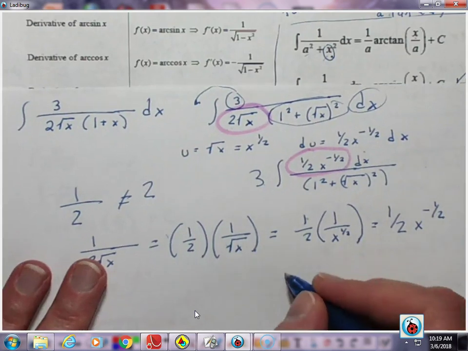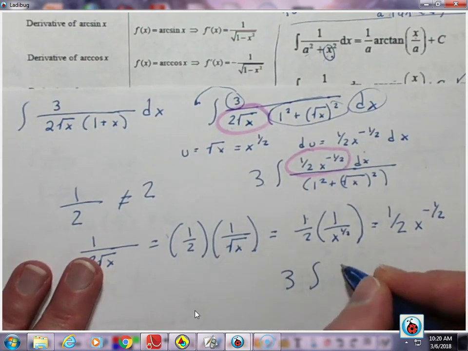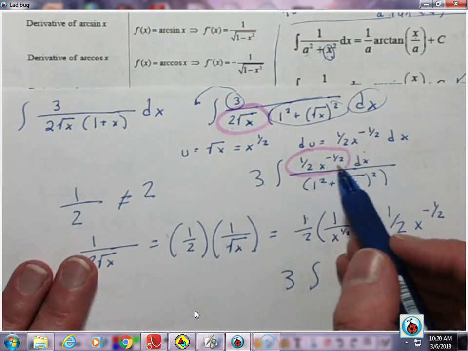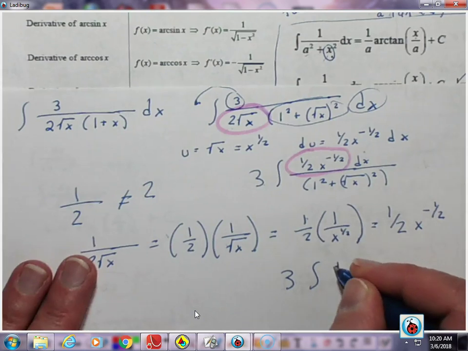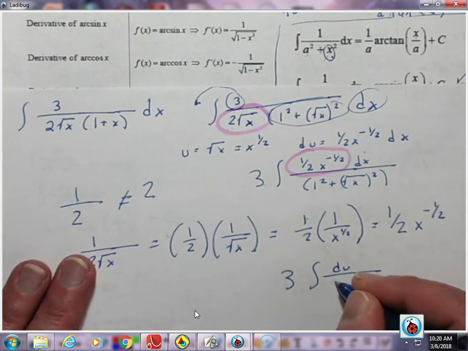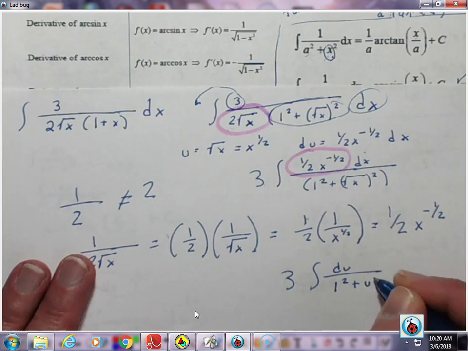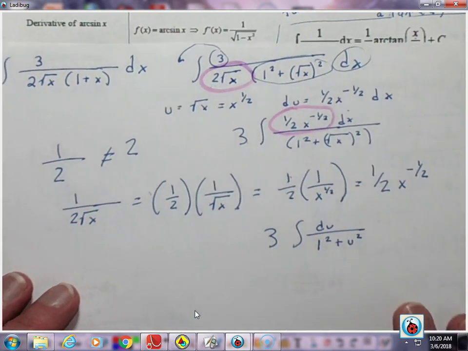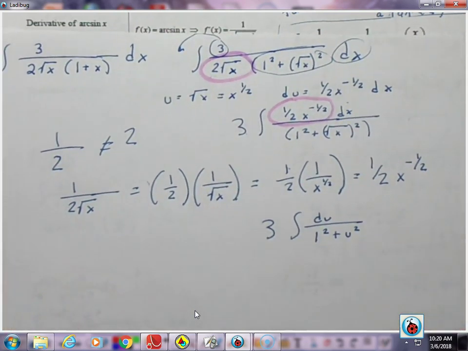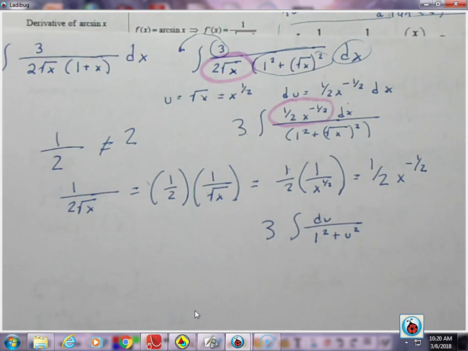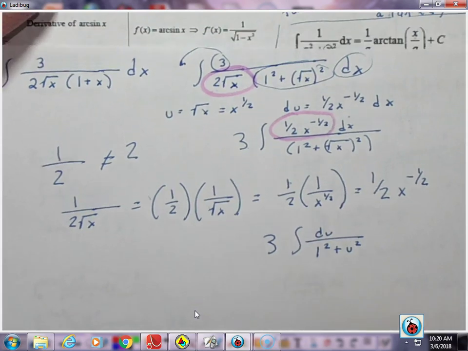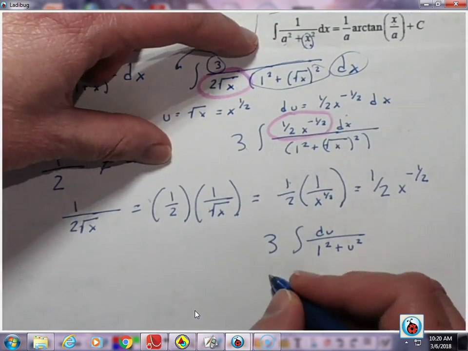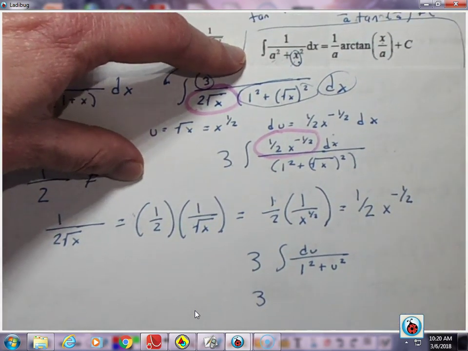So what you actually have now is just 3 times the integral of, and all of this is your du, over 1 squared plus u squared. Then you can just put in the arctan rule.